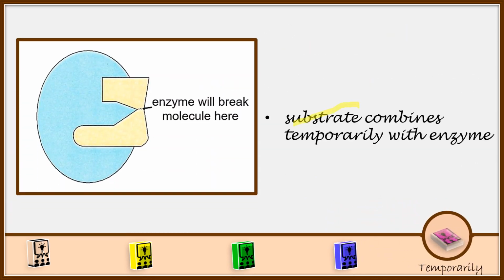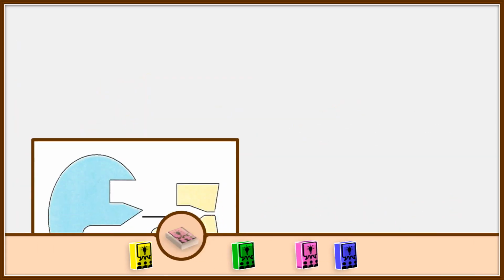The substrate combines temporarily with the enzyme. So here our substrate is already combined with the enzyme, but only temporarily, for a short period of time. The enzyme will break down the substrate at this point.